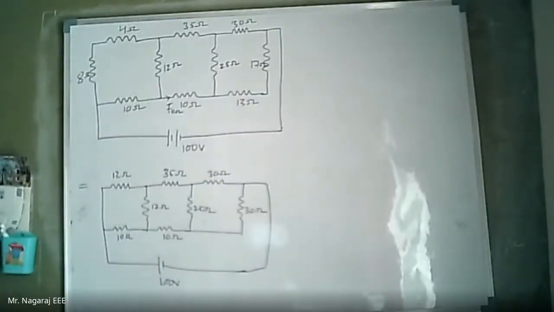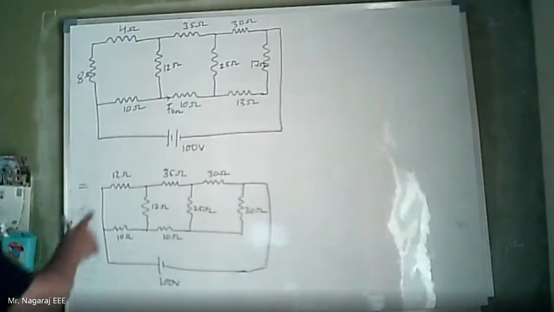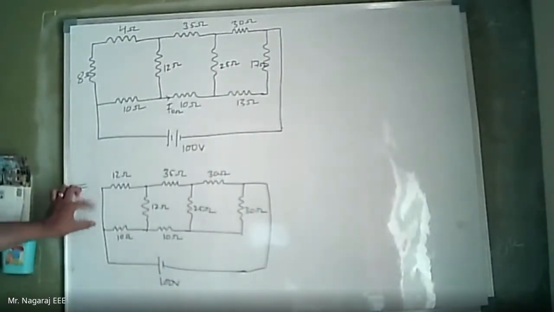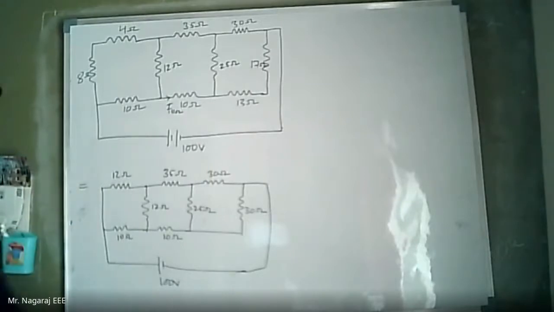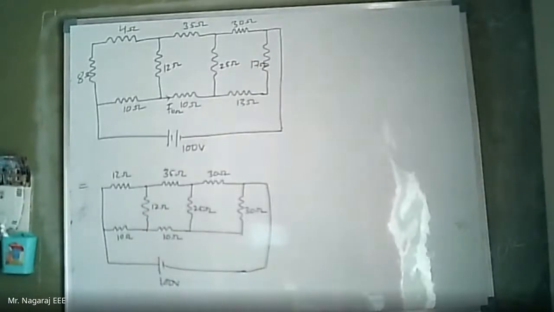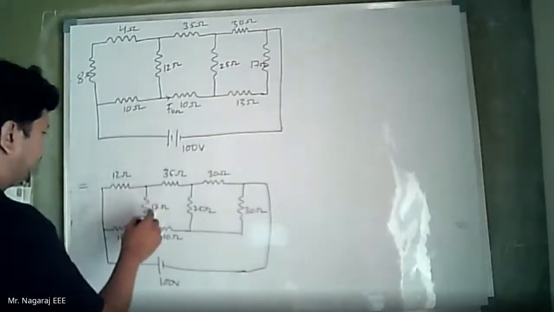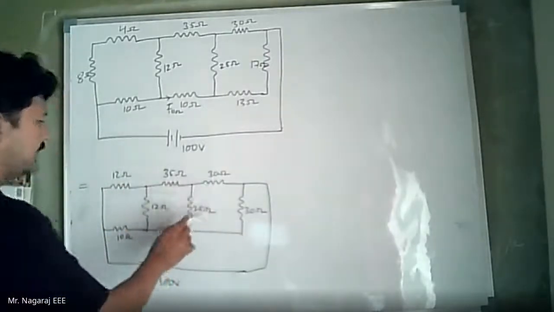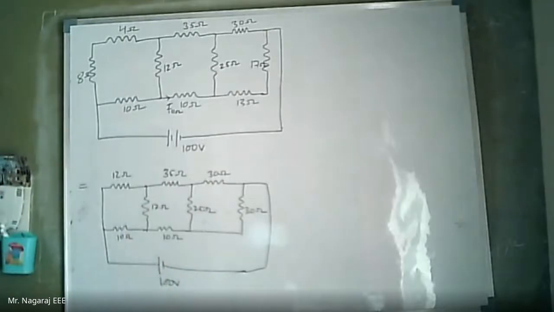So you can observe here 12 ohm and 10 ohm are in delta. This is a single node. 30 ohm and 25 ohm are in delta. Or 12 ohm, 35 ohm, 12 ohm are in star. 35 ohm, 30 ohm and 25 ohm are in star.